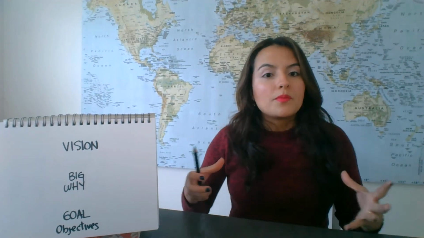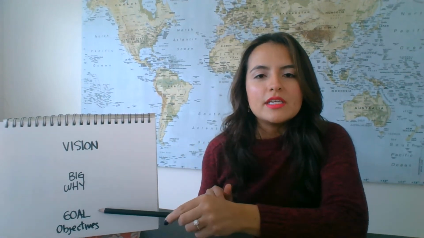My goal is to become an author. And usually if you really have a strong vision, it will be very easy for you to pinpoint what your goals are, right? So goals are still a little bit more into the big vision.